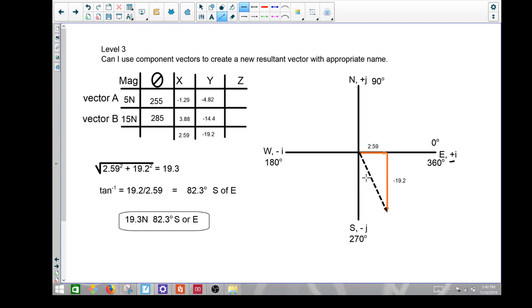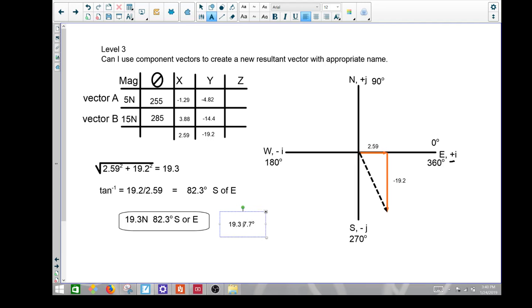Equals 7.7. So our total magnitude is 19.3, and this bottom angle would be 7.7 degrees.